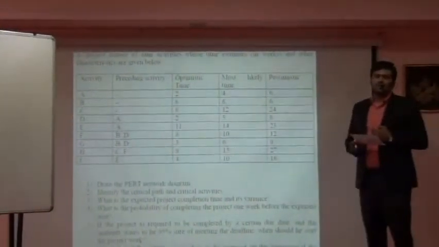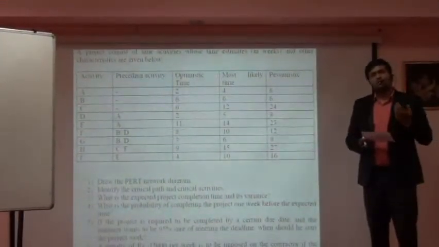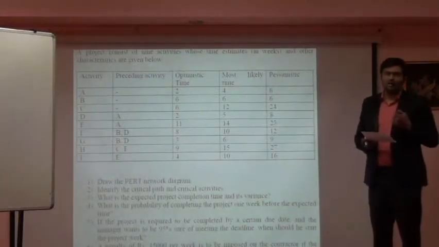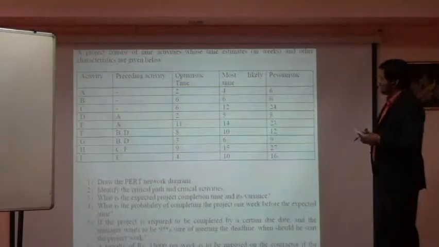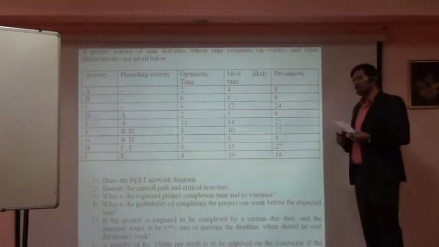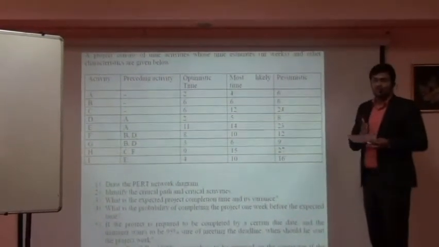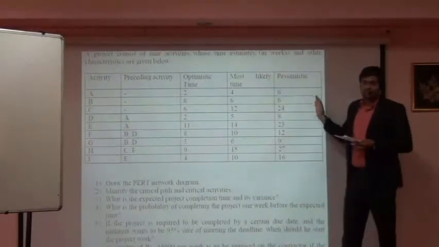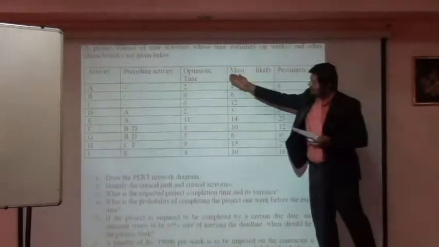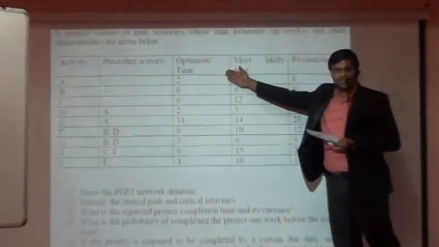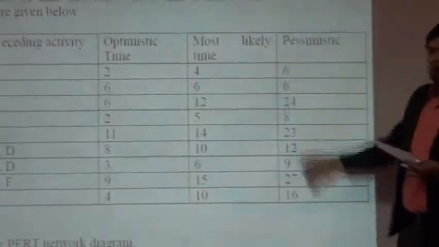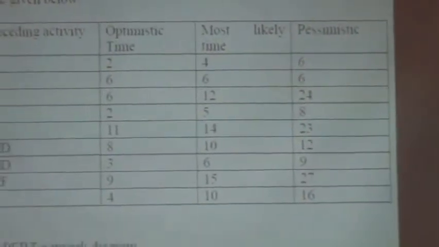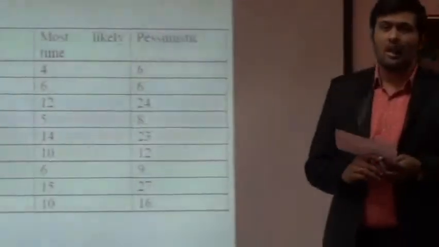A few of the activities you cannot perform directly, so that logic is helpful in developing the network. You can see the difference from CPM: in CPM we have only one time duration, while in PERT we have three different columns for the time duration. The first heading is the optimistic time, the second is the most likely time, and the third is the pessimistic time. I'll tell you, my friends, the difference between the three time durations.